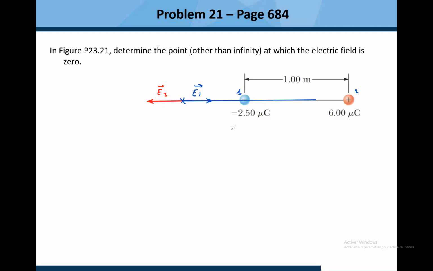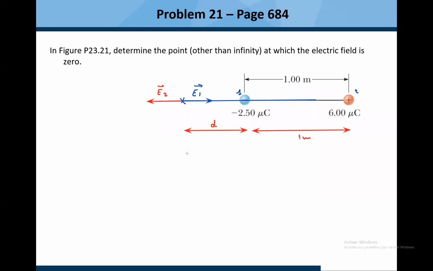Let's precise the distance of this point. We can say here it's at a distance equal d from the charge 1. And here we have a distance equal 1 meter.